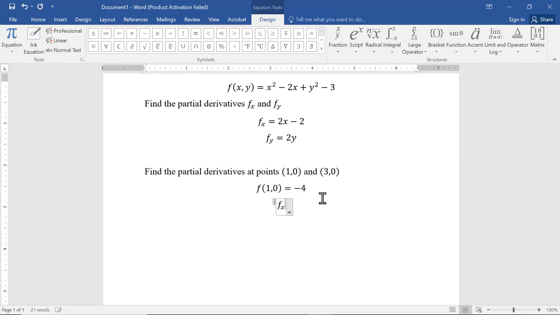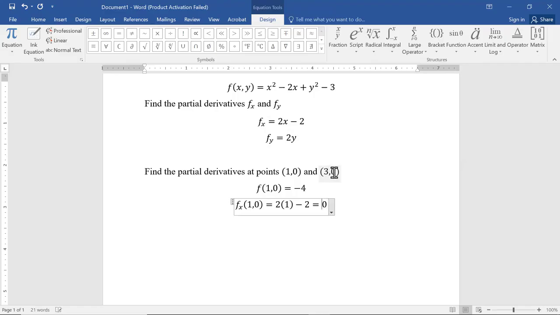F sub x at (1, 0), that is what I get when I plug in (1, 0) into here. 2 times 1 minus 2. I guess I can write that down. 2 times 1 minus 2 is 0.